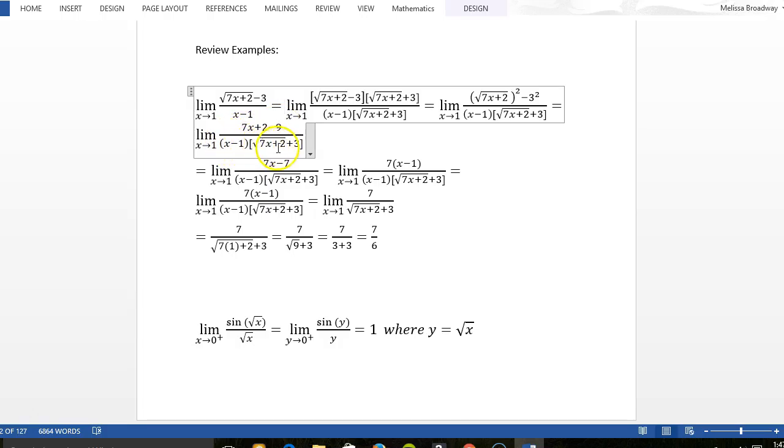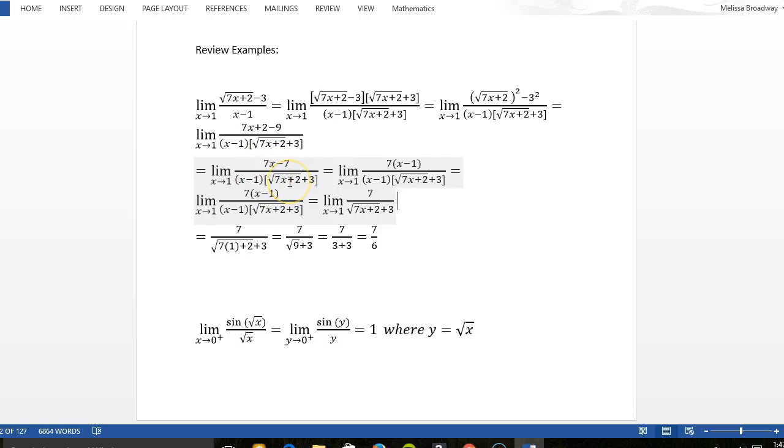Now down here, we're just sort of stuck with what we got. Now going here where my cursor is, follow my cursor. Don't worry about the box. Just follow my cursor. So now 7x, the plus 2 and the minus 9, remember by algebra, that's minus 7. So that's 7x minus 7 over this guy down here.